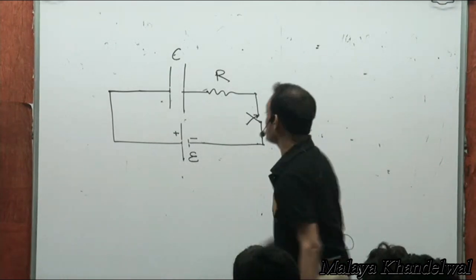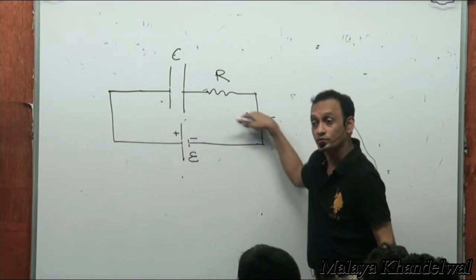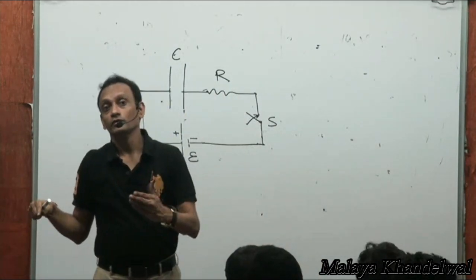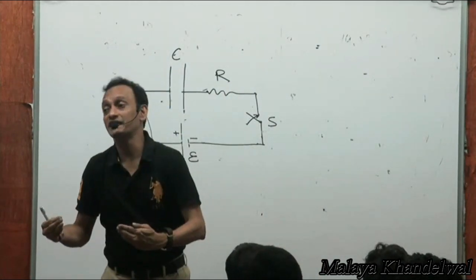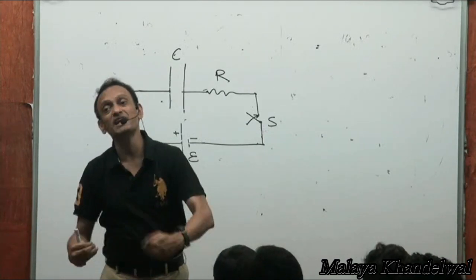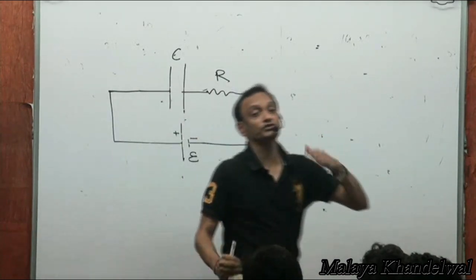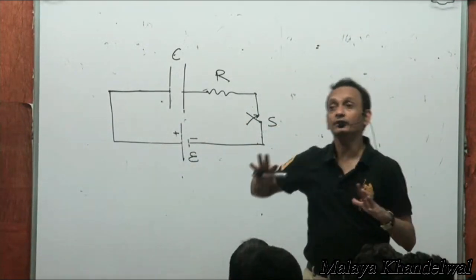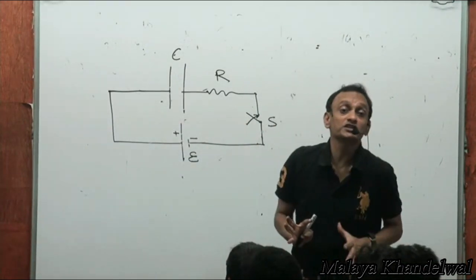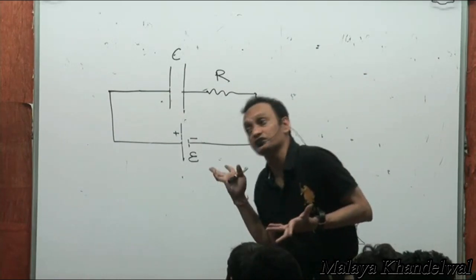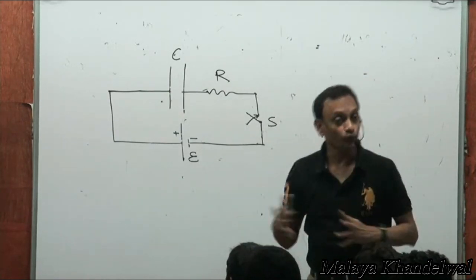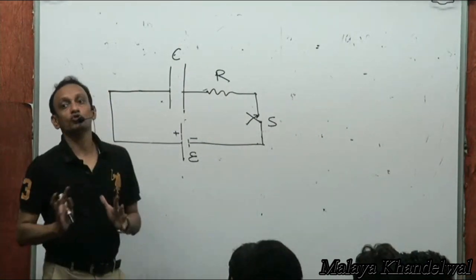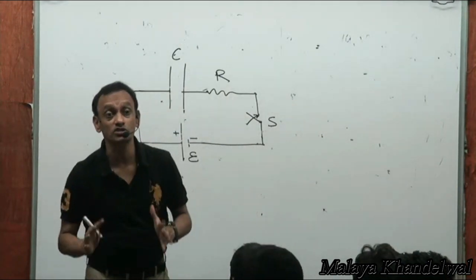But until then, there is flow of charge in this loop, and once steady state is acquired, there would be no further flow of charge from one plate to another, and the current in the circuit will reduce to 0. This process is called charging of the capacitor.